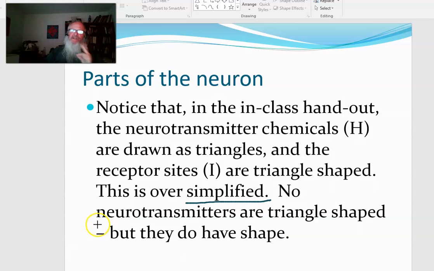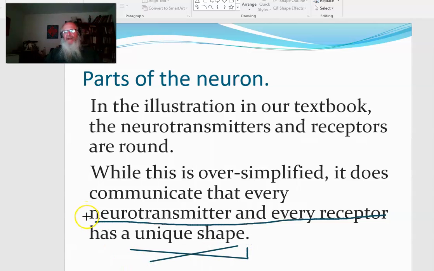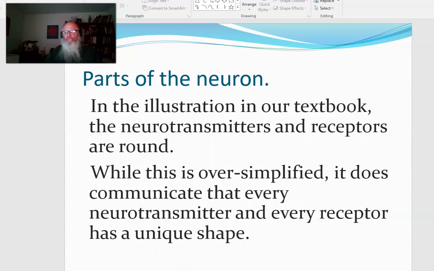This is why I call them neurotransmitter chemical molecules on that earlier slide, to ask you to think about the fact that they do have shape. And shape is key to how all of this works. The way that our illustrations are drawn and the way the animation is animated communicates that both the neurotransmitter molecules and the receptor site have a unique shape.